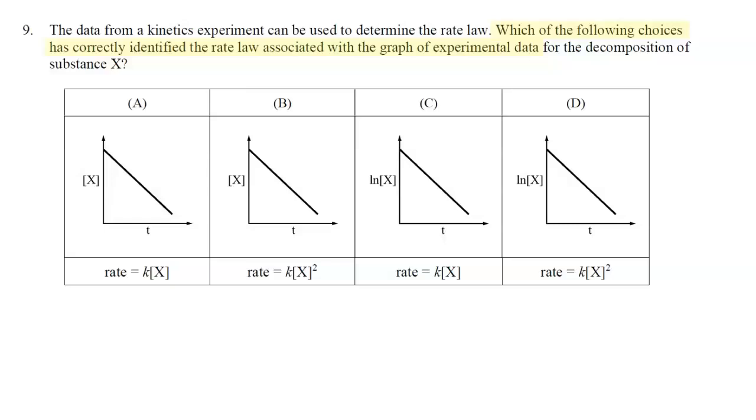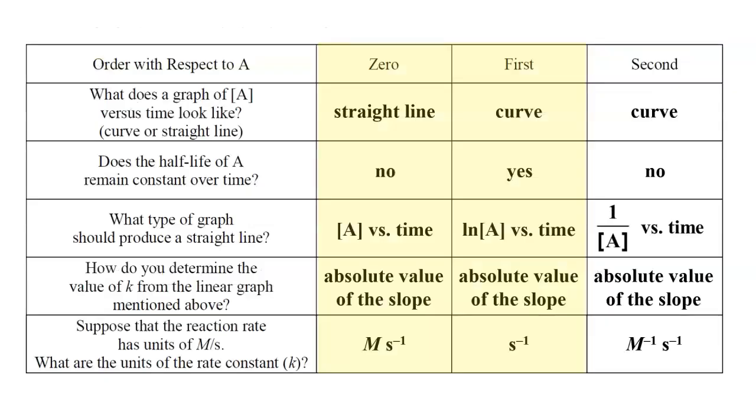You can see on the y-axis that the label is either concentration of X or natural log of concentration of X. If the graph of concentration of that reactant versus time is linear, it would be a zero order rate law, as we saw in question 8.